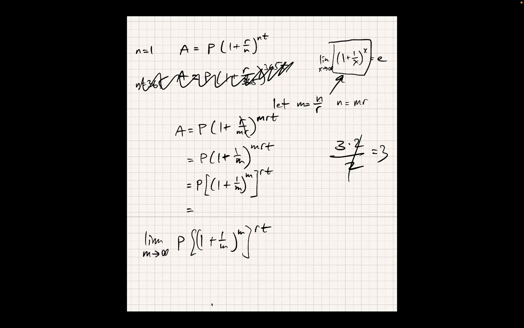Warren, what happens to this as m grows without bound? It approaches e. Yeah. So the limit of this formula now is p times e. What's left over? RT. RT. There's my continuous compounding formula.